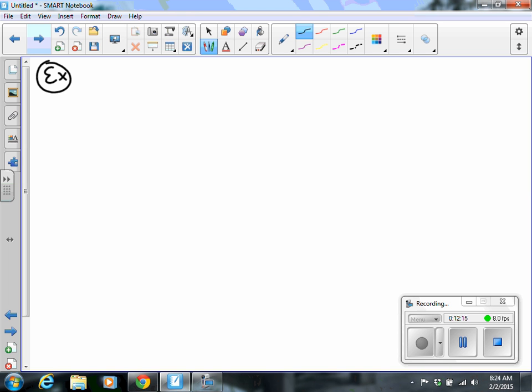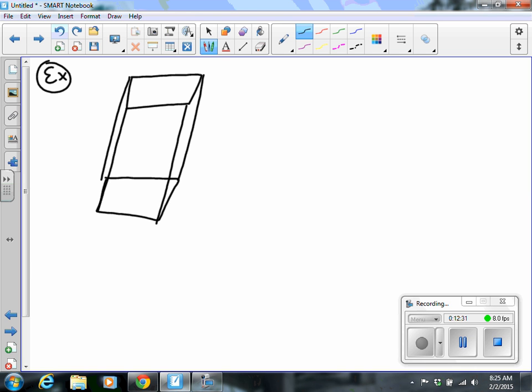I'll give you an easy one even. So you need to find the surface area of this prism.